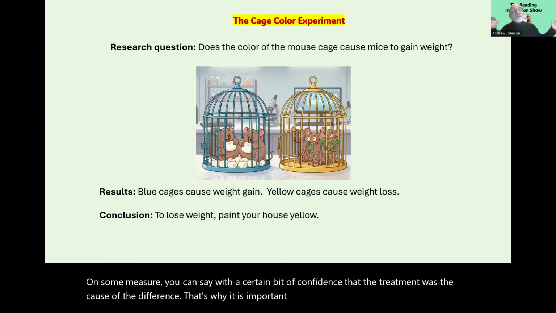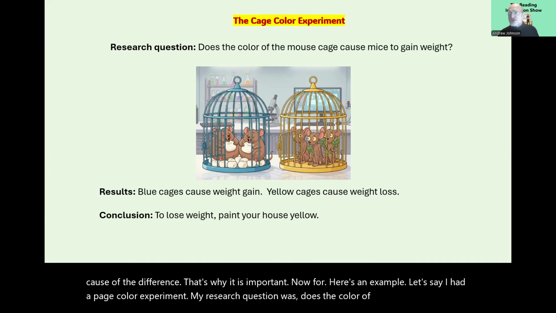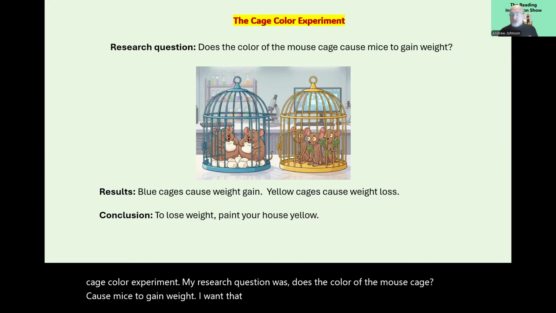Now, here's an example. Let's say I had a cage color experiment. My research question was, does the color of the mouse cage cause mice to gain weight? That's my research question. I'm looking for the causal factor.